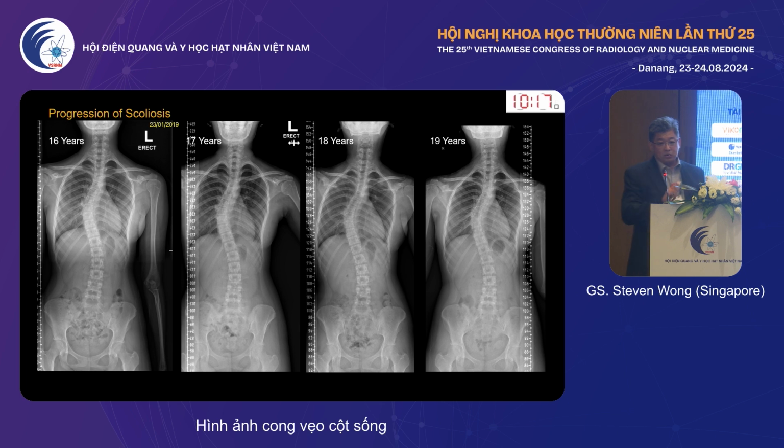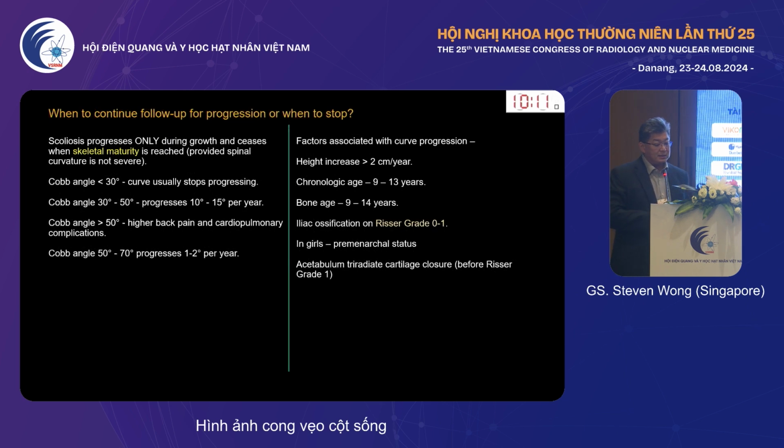This is mostly for the idiopathic type of scoliosis or the congenital, not the developmental ones, okay? So when do you continue follow-up, all right? It's supposed to only progress during the growth phase and cease when you have skeletal maturity. So how do you determine when is skeletal maturity, right? There's a lot of criteria.